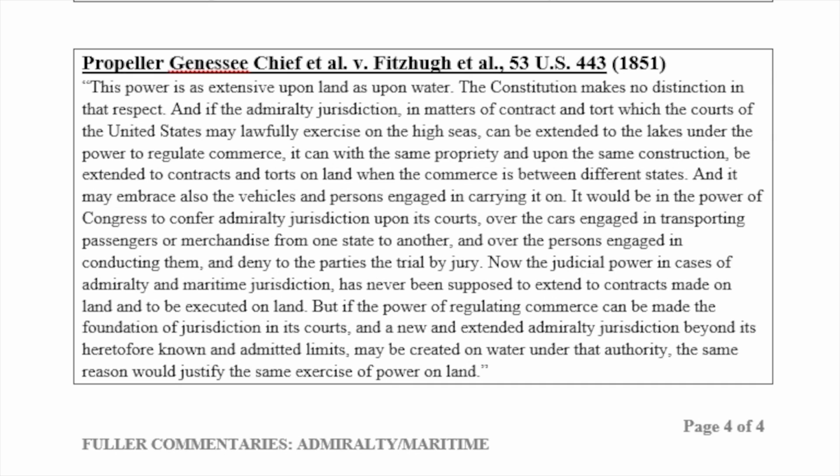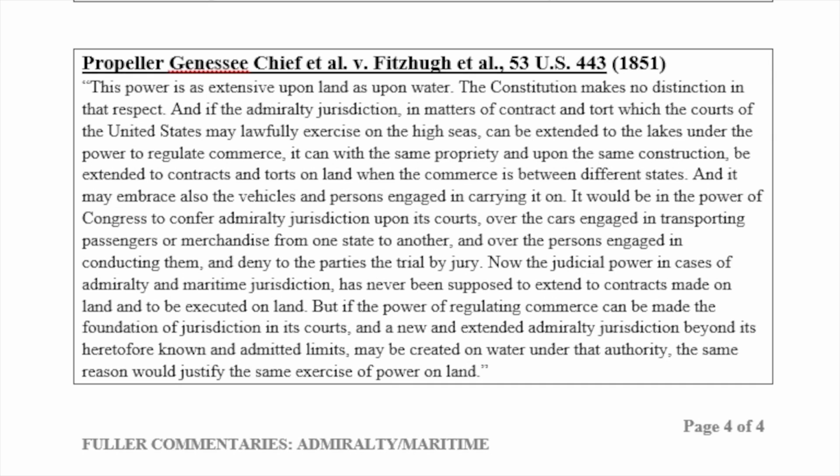The Constitution makes no distinction with respect to that, and if the Admiralty jurisdiction in matters of contract or tort, which the courts of the United States may lawfully exercise on the high seas, can be extended to the lakes under the power of regulating commerce, it can, with the same propriety and upon the same construction, be extended to contracts and torts on land when the commerce is between different states.